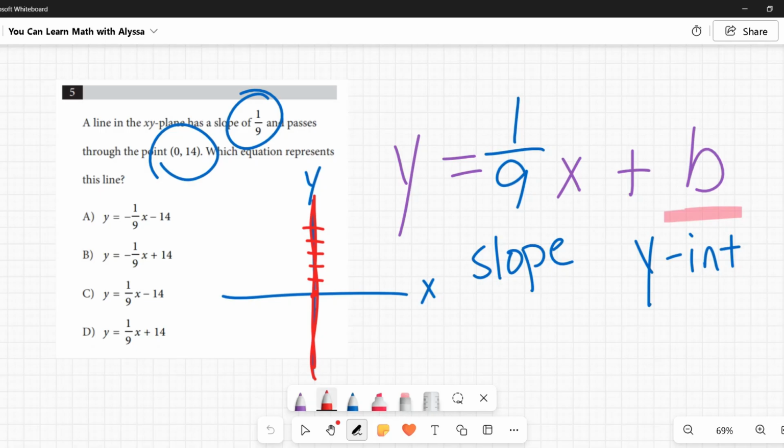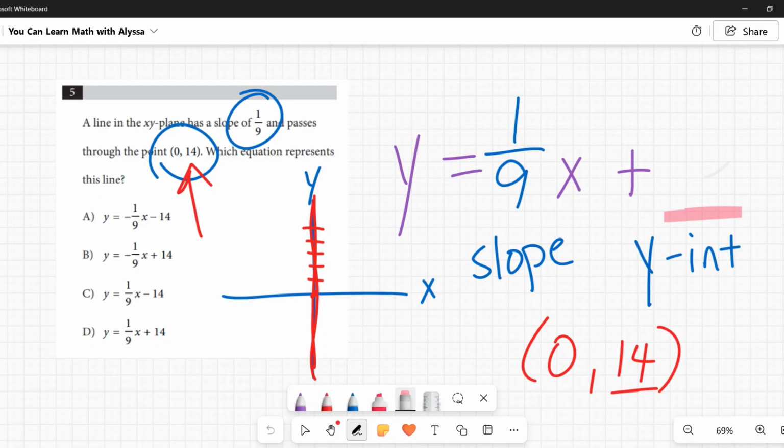So the y-intercept of a line will always have an x value of 0. So by giving us this ordered pair, these coordinates of (0, 14), they're telling us the y-intercept is 14. So I'm going to plug that in here in my equation. The y-intercept, I'm going to plug in 14.